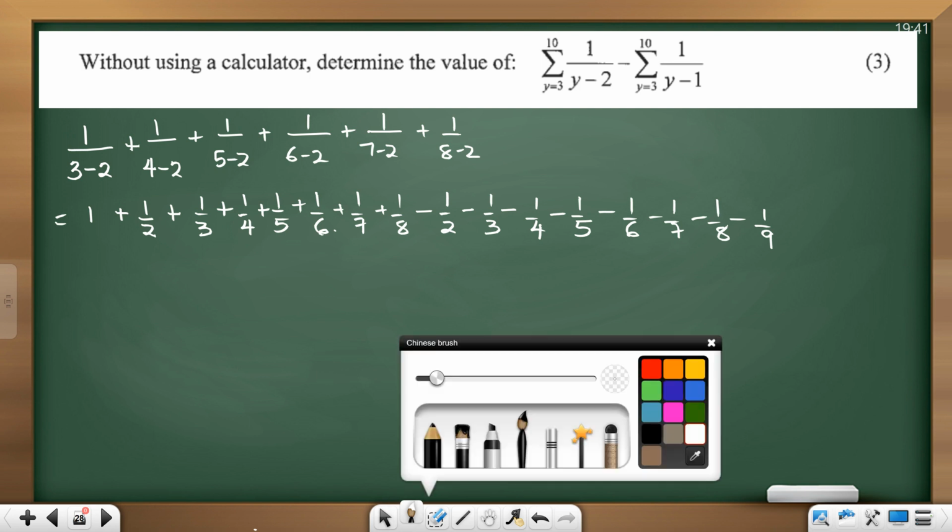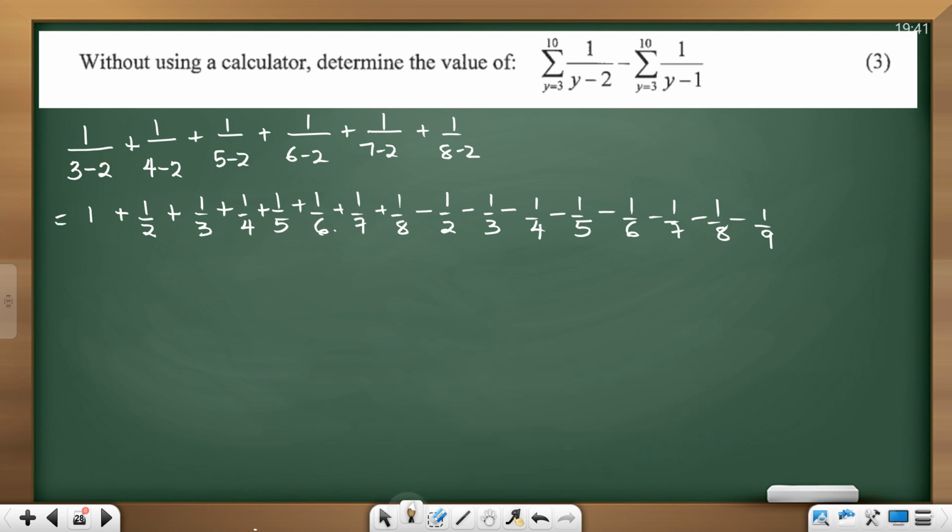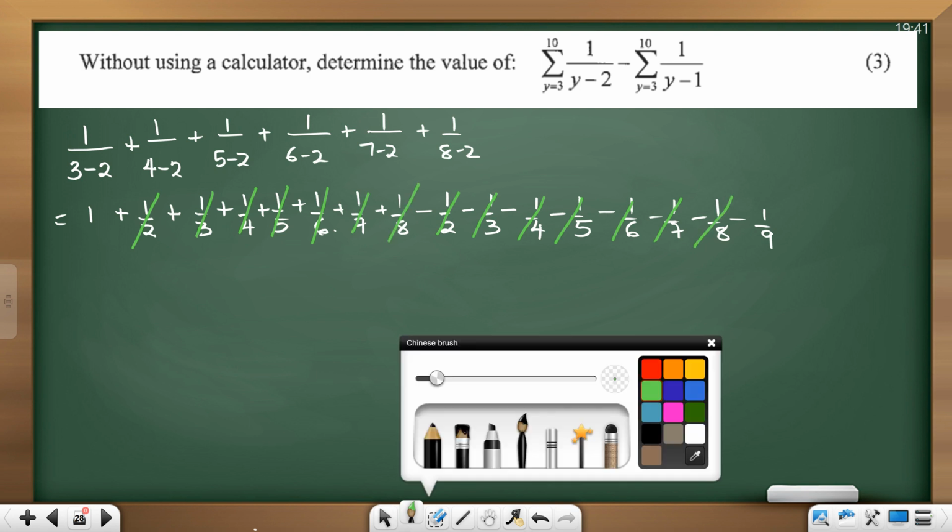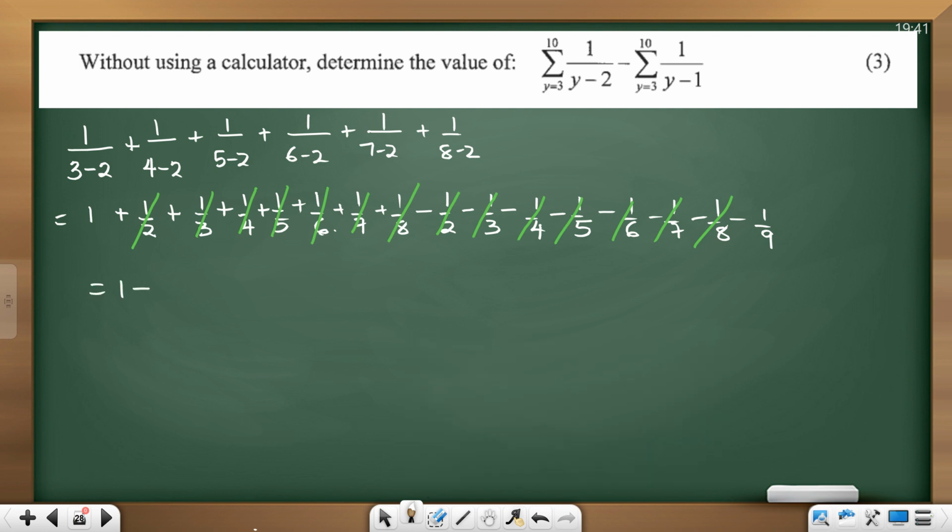Don't let examiners please throw you around. Notice this half goes. 1 over 3 goes. Seven, 1 over 8. You have what? 1 minus 1 over 9. And what's your answer? What happened to the 1?